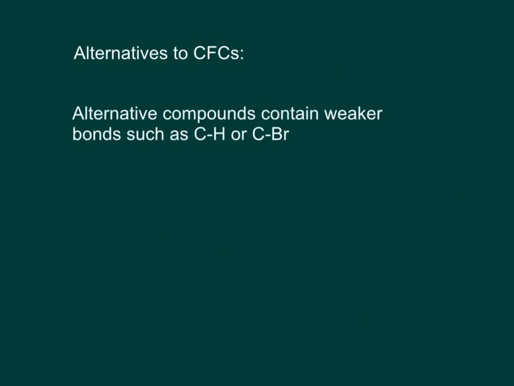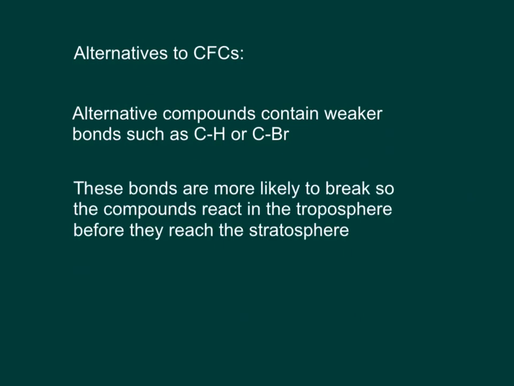We haven't used CFCs for a very, very long time since we've understood the implications of their effects on the atmosphere. So we have some alternatives to CFCs now. Most of them centre around containing weaker bonds. So they may contain one or more carbon-hydrogen bonds, or occasionally carbon-bromine bonds.